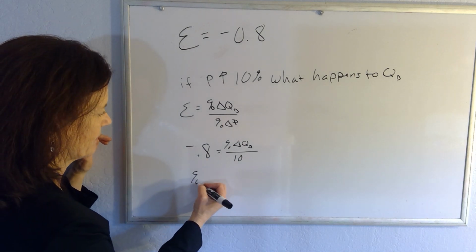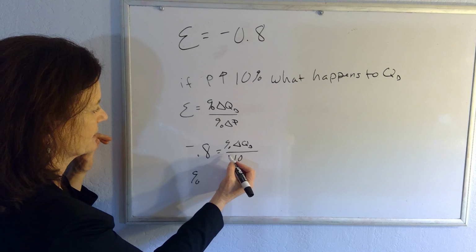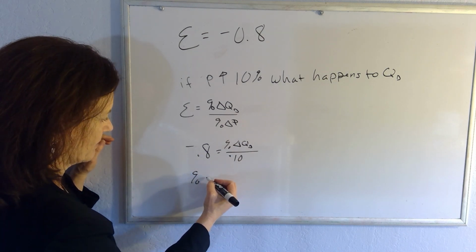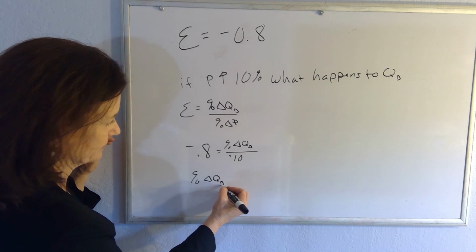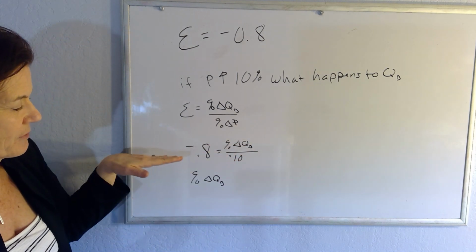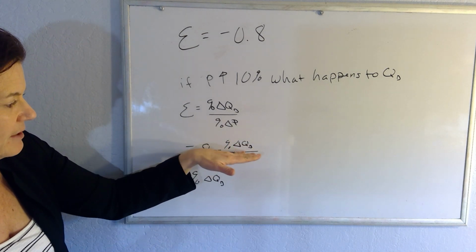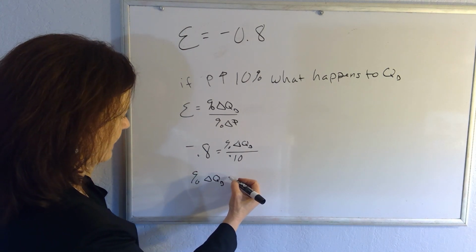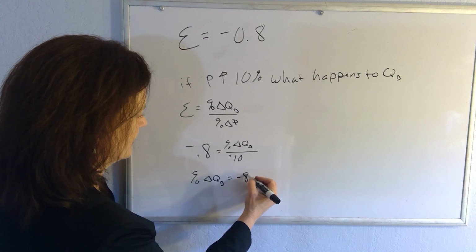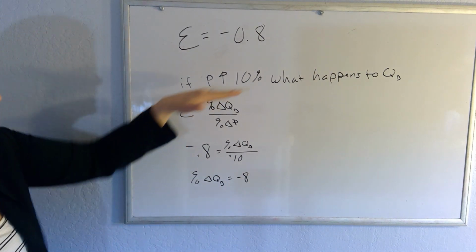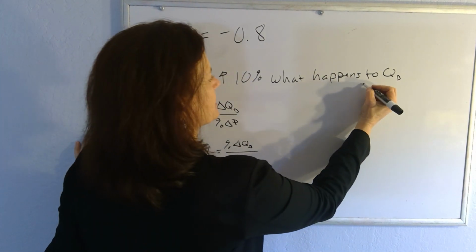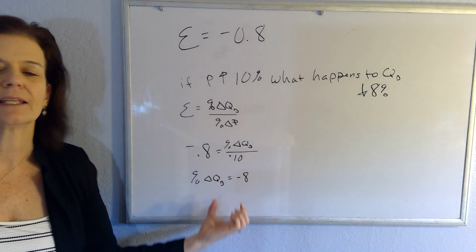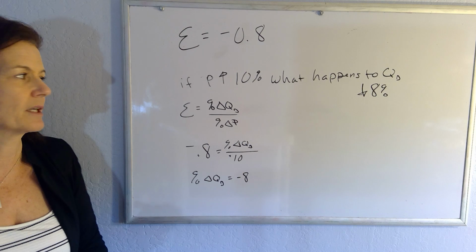And it gives us that if price is going up by 10, that's a positive number, then the percent change in quantity demanded, we just multiply each side through by 10, right? Multiply by 10 over here gives us the percent change in quantity, multiply by 10 here, and that gives us negative 8. So a 10% increase in price leads to an 8% decrease in quantity.